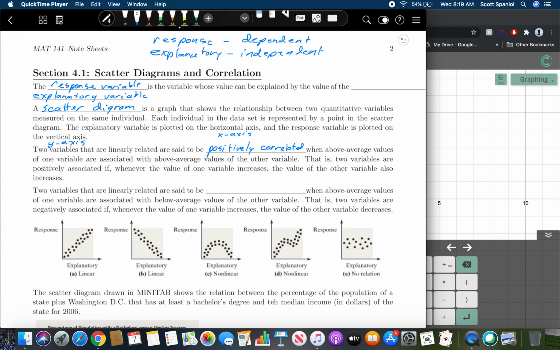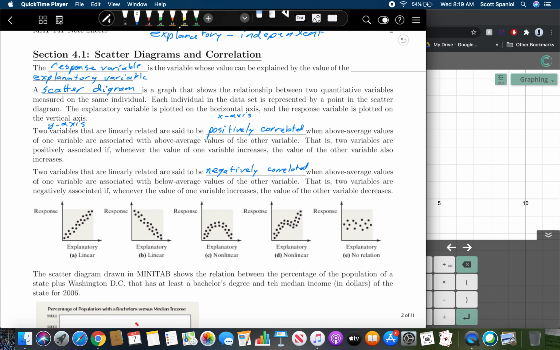That is, two variables are positively associated if whenever the value of one variable increases, the value of the other variable also increases. Two variables that are linearly related are said to be negatively correlated when above average values of one variable are associated with below average values of the other variable. That is, two variables are negatively associated if whenever the value of one variable increases, the value of the other variable decreases. Okay? So that's the idea there.